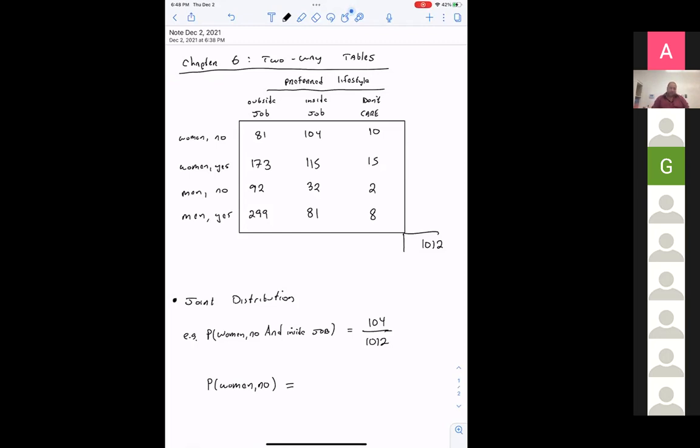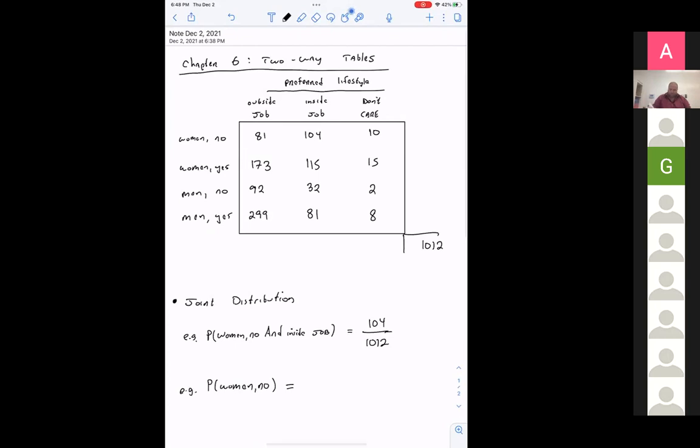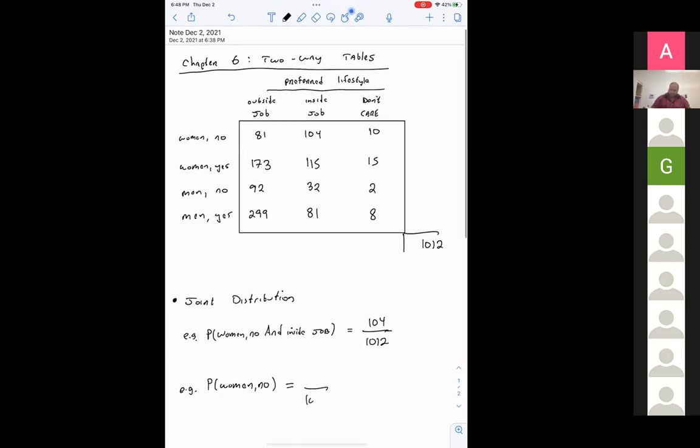What's the likelihood that I pick at random a woman who has no college education? Wouldn't you just add all three of the women no and then put that over 1012? That's exactly what I would do. And the book is actually very nice. It gives me these. I didn't want to put them until I needed them, but it gives me the totals here.